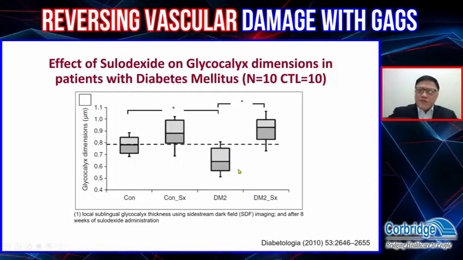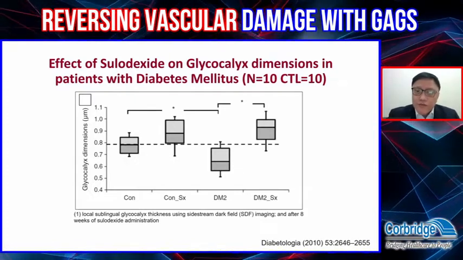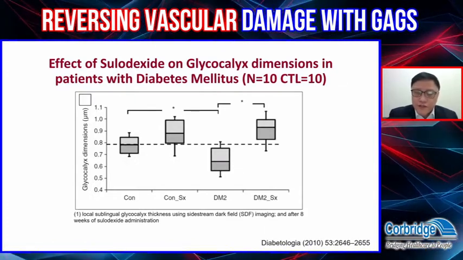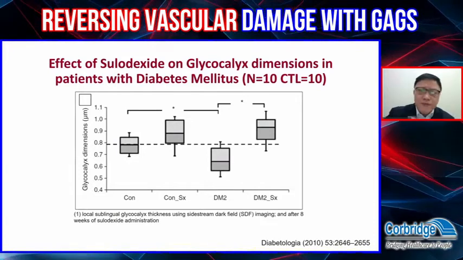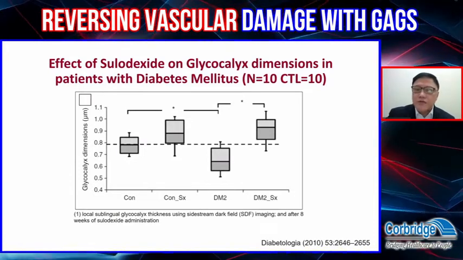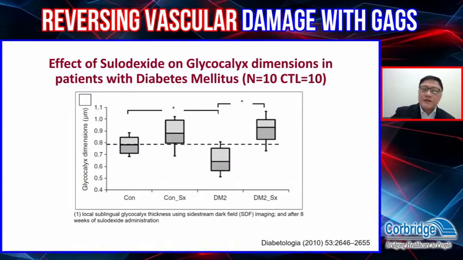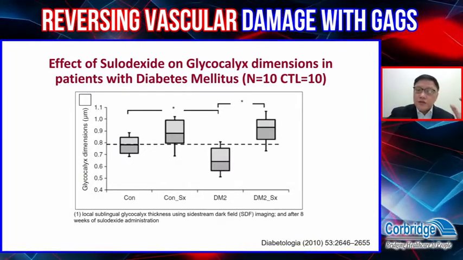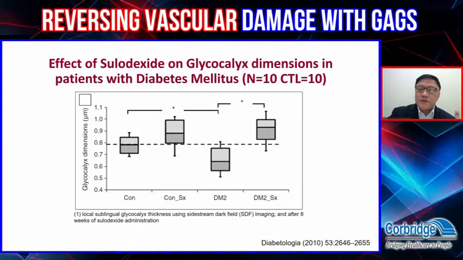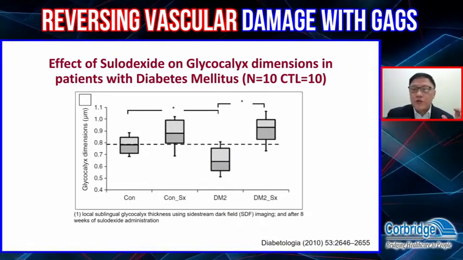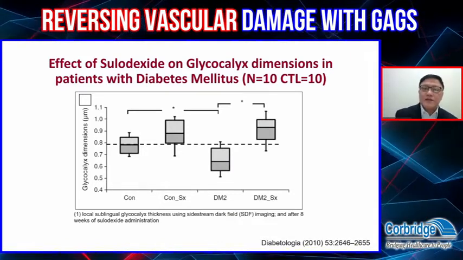Now, what's the effect of sulodexide if you give it? For example, in my first slide, I showed you that hyperglycemia can damage the glycocalyx. Just one passing, it can damage the glycocalyx. And so dysglycemia is a condition where the glycocalyx can get damaged.